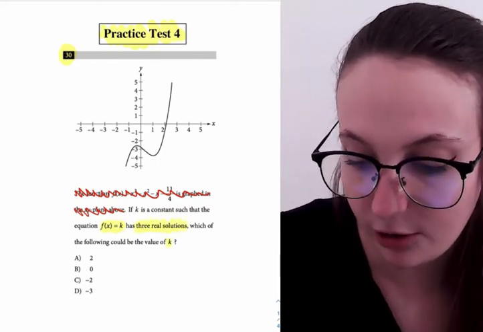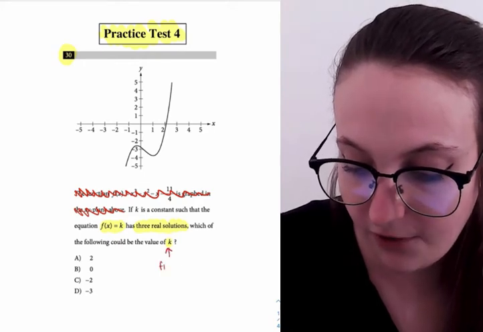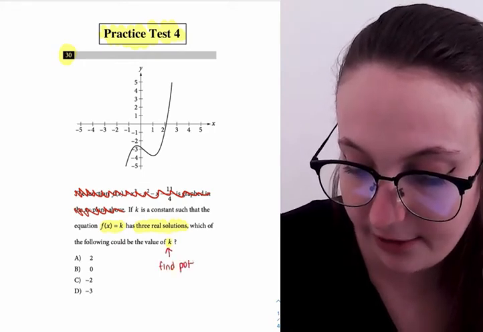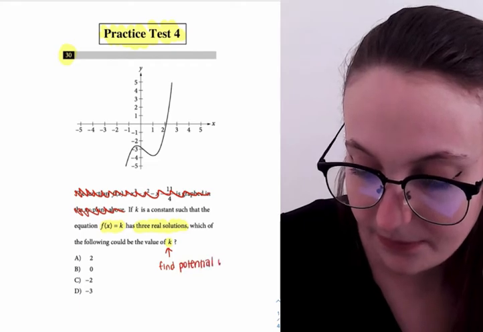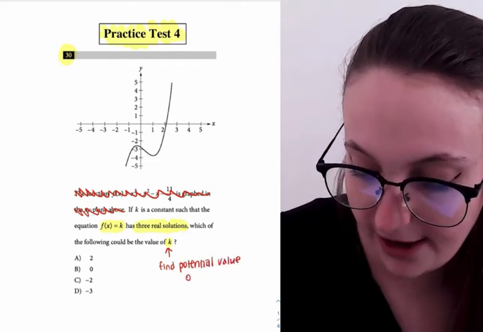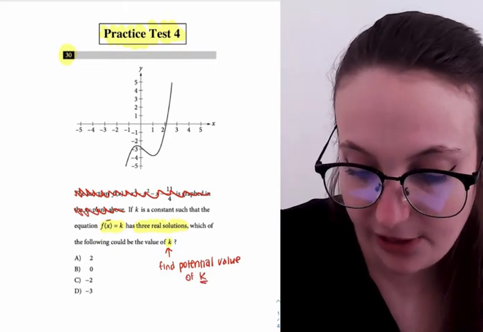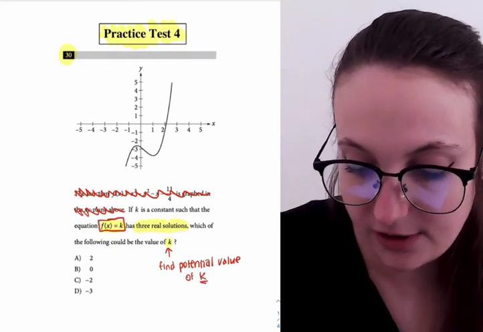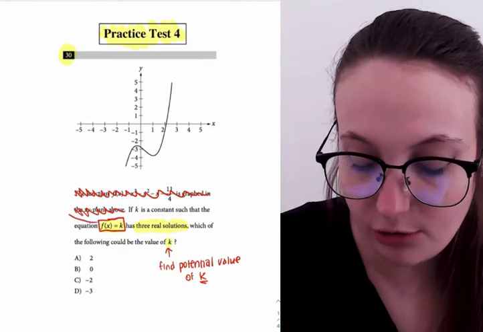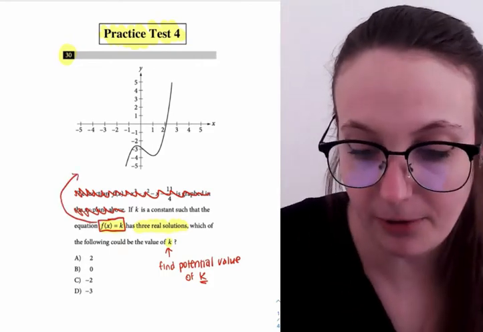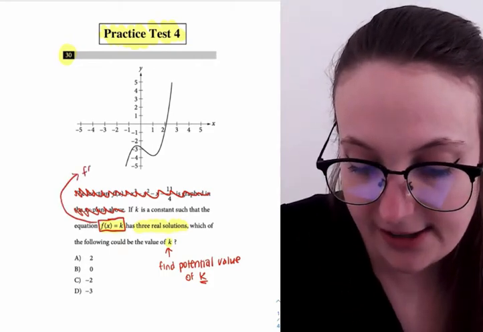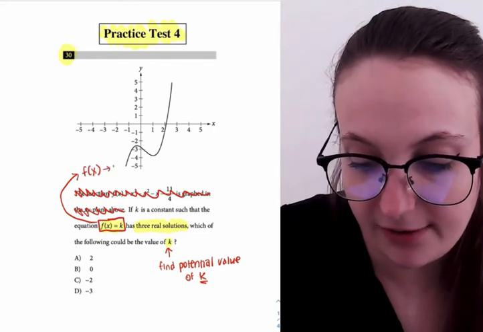So basically our goal for this question is find a potential value of k. And we know that it's supposed to have 3 real solutions. Okay, so they're telling us right here that f of x is equal to k. So I think function notation confuses a lot of people. So what I want to point out is that f of x is just a fancy way of saying y.